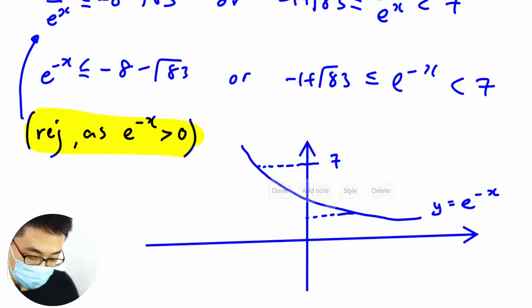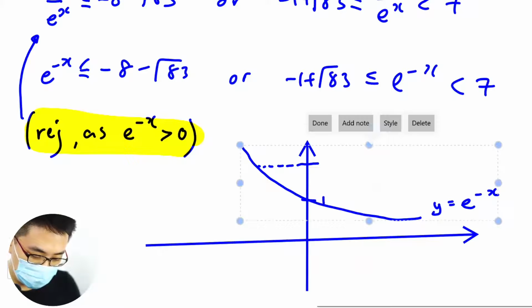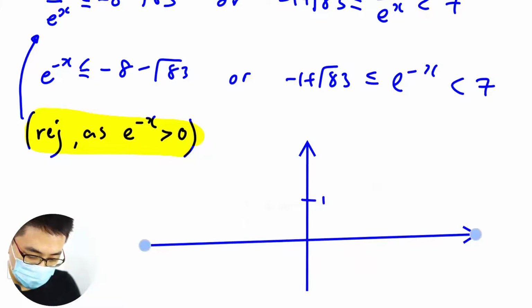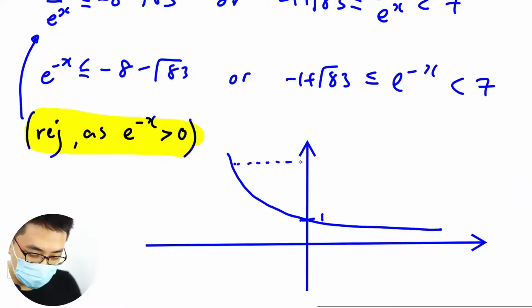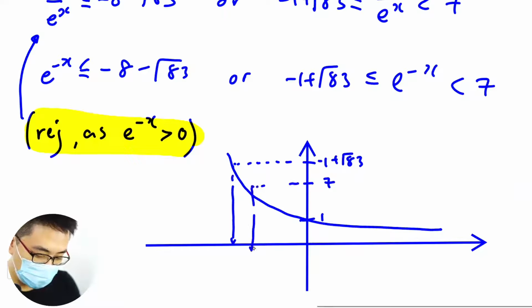Oh, this is 8.8 or higher than that. This is 1. Okay, good job. So it looks like that. You can just put it in your calculator. This over here is 1 minus 1 plus root 83, is 8 point something. This is 7.